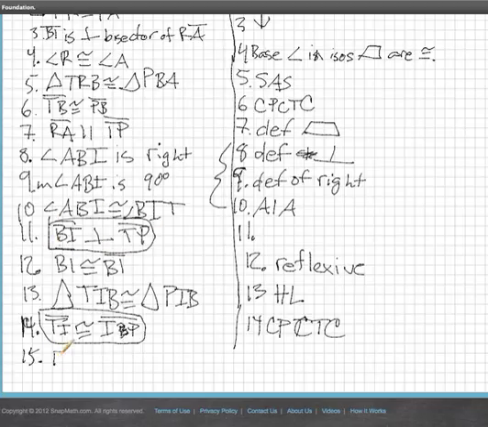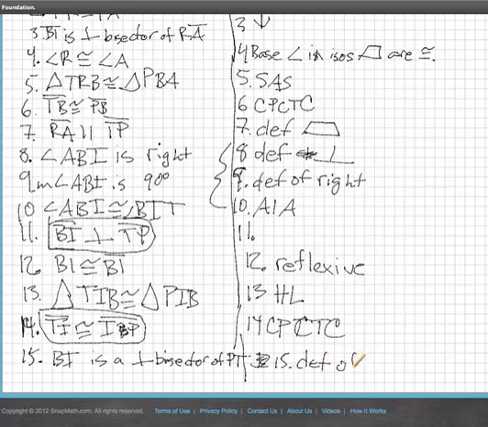So we know that BI is a perpendicular bisector of, what was it, PT. And that's just the definition of perpendicular bisector.